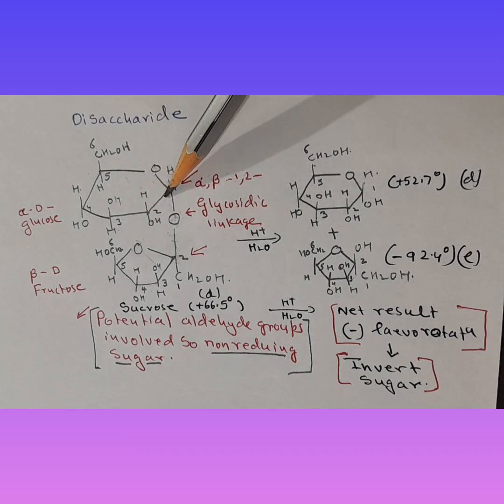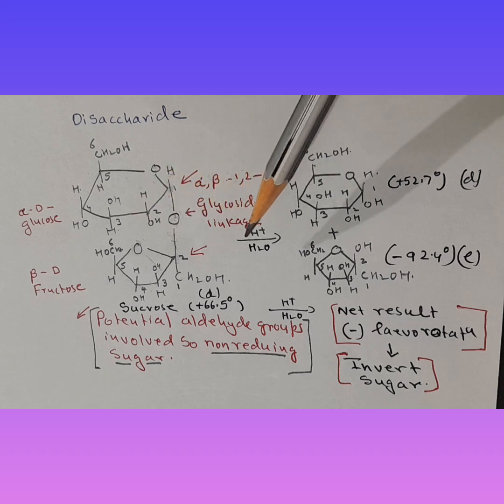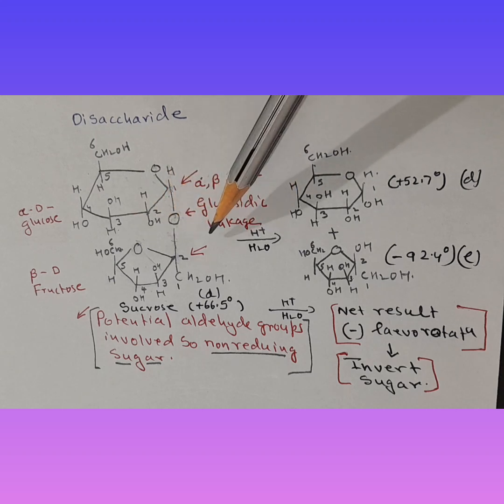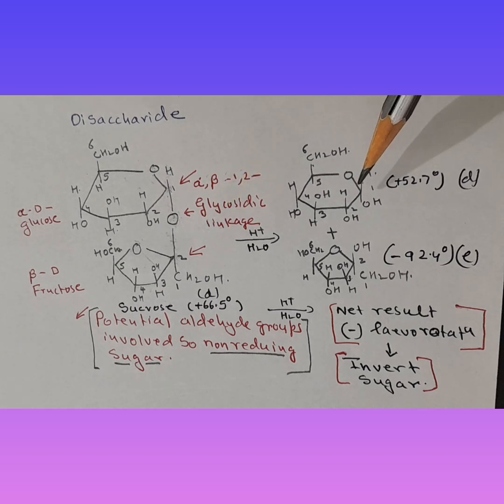Now this sucrose is very interesting. When we dissolve it in water with a bit of acid, it gets hydrolyzed and comes back to its original state. The original state is glucose and fructose.